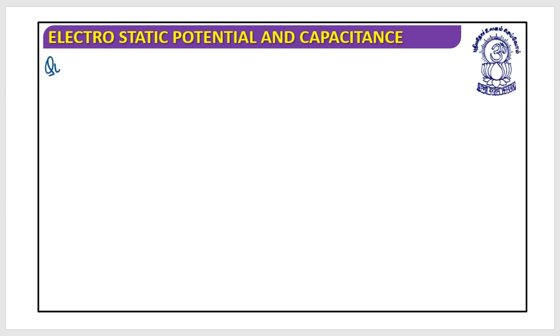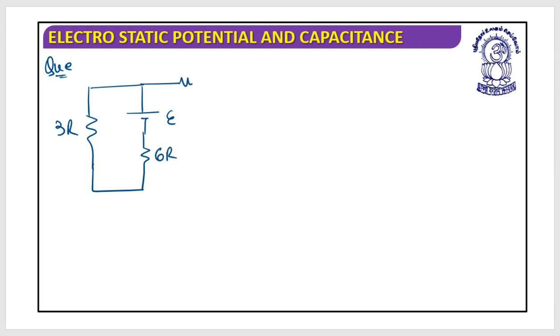Let's have a look. The question is something like this. One of the resistors is of 3R. Here a battery is there, a battery of E. The other resistor is of 6R. Here one of the resistances is R, and here a capacitor is there.